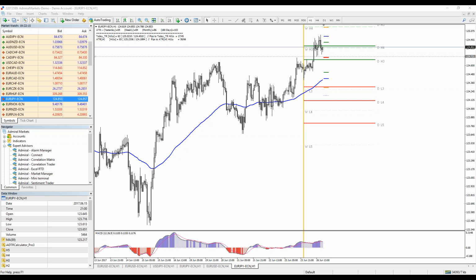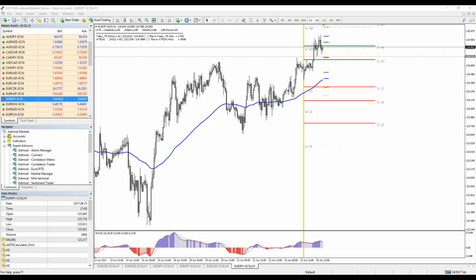Dollar CAD. Okay, dollar CAD. Let's see. A range in price action. Not much to say about dollar CAD. This is the major range here. You see, this is the top.